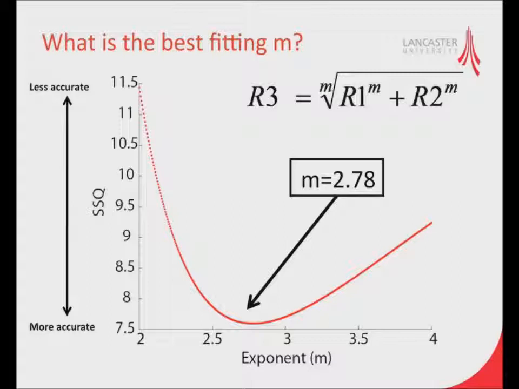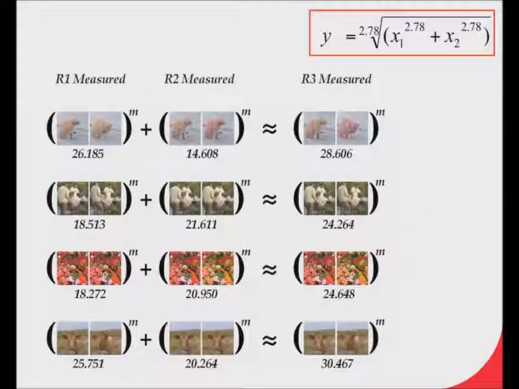And when you do this type of fit, you find that the best M value to predict the actual R3 is 2.78. Okay, so the best model for predicting R3 is a Minkowski with a power of 2.78. And just to demonstrate with actual numbers and examples, here are 4 examples of combination sets. We have R1, R2, R3.